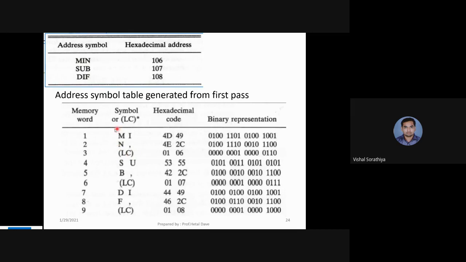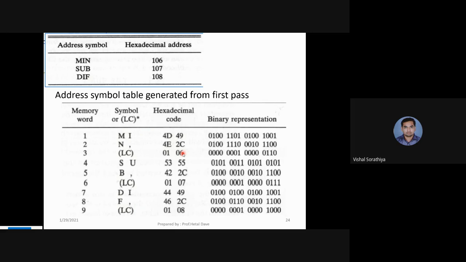So what is the location counter of this one, which is stored as the third? Then SUB, comma, then the location counter. Then DIF, comma, then the location counter. So we can say the equivalent values are M 4D, I 49, N 4E, comma 2C, and location counter 0106.